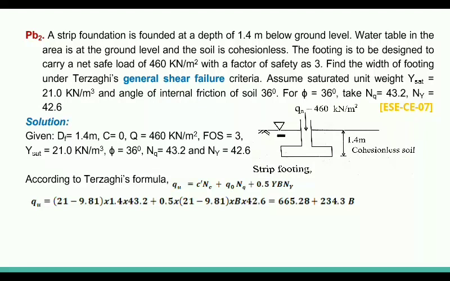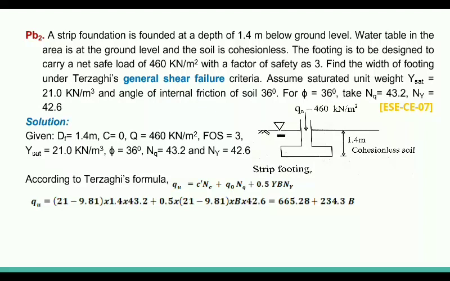Submerged unit weight is nothing but gamma saturated minus gamma w, the unit weight of water. So we can write 21 minus 9.81, and depth of foundation is given 1.4, and Nq is given 43.2. Again gamma is given, but B is not given. We have to calculate B, the width of foundation, right?